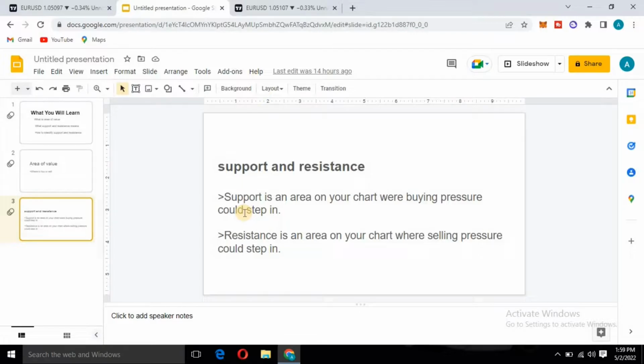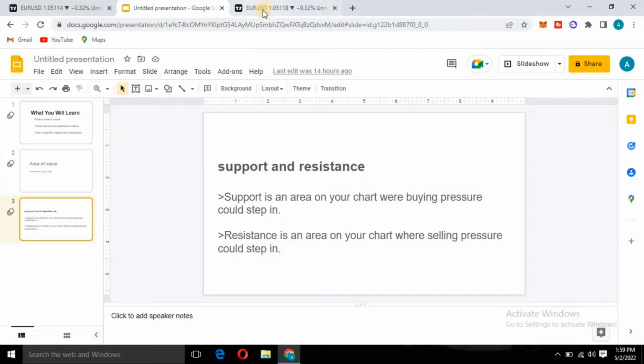That's why it is said what could happen, because it is a game of probability. So there is high possibility for it to happen. That is what an area of support is: a specific area on your chart where buying pressure could step in, while resistance is an area on your chart where selling pressure could as well step in.